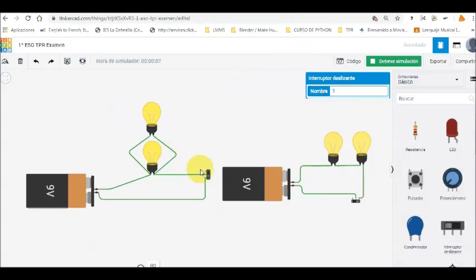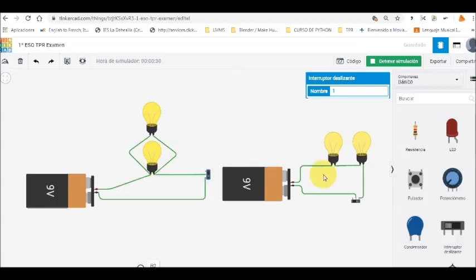So maybe it's difficult to see in this simulator, but I can see that the circuit on the left side lights up a little bit brighter than the other one. Okay, actually that's true, absolutely true.